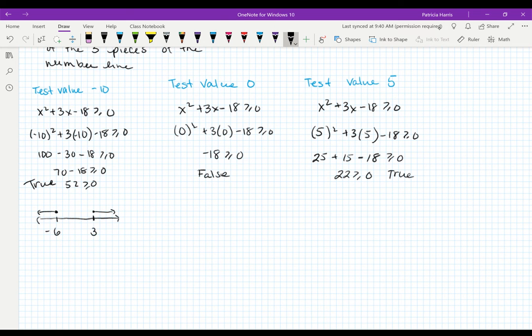You can write it in interval notation. It could look like this. That would be an interval notation writing. You could also write it as an inequality.